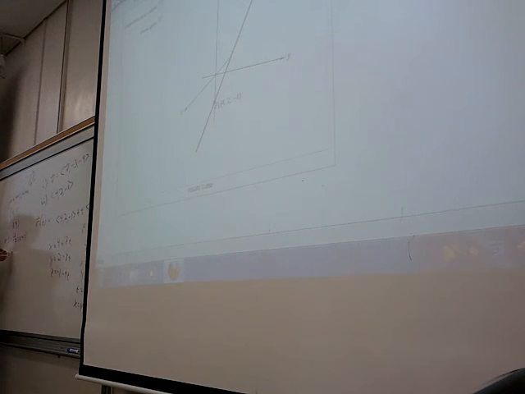So here's my equation, y equals negative 3 sevenths x, minus 9 sevenths plus 5. Minus 9 sevenths plus 35 sevenths is 26 sevenths, right? Yes, cool.